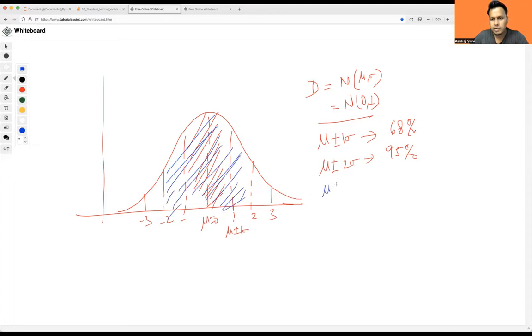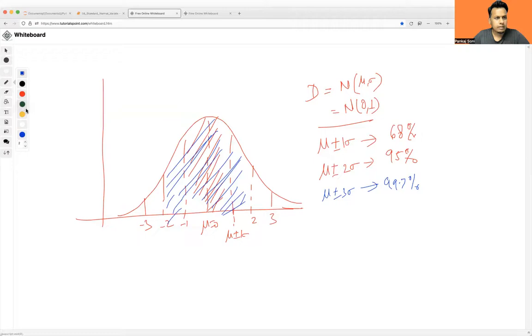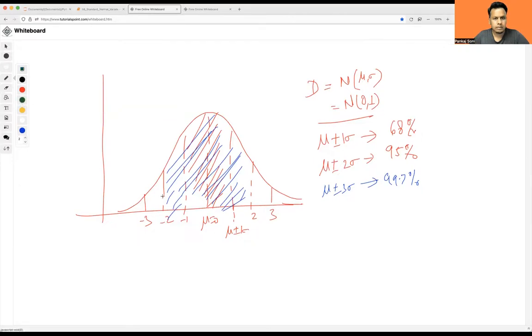If we have mu plus minus 3 sigma, then 99.7% of the data will fall into this category. That will be somewhere from here to here. Let me use another color. So 99.7% of the data will be covered between mu plus minus 3 sigma.